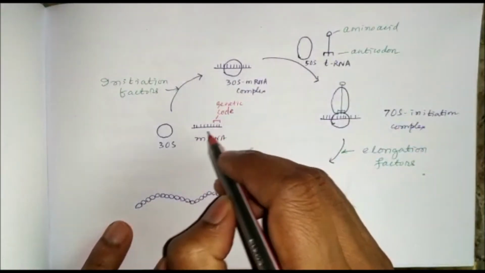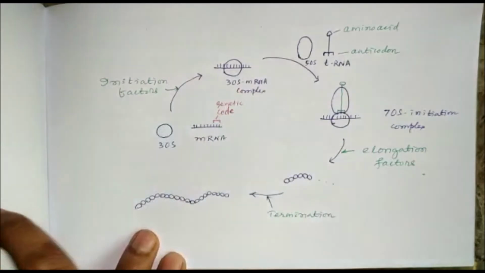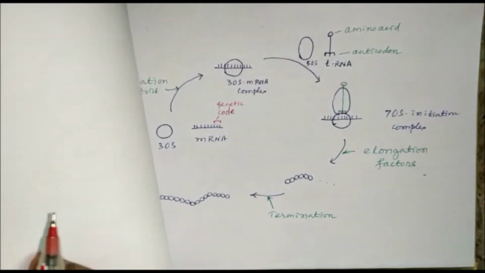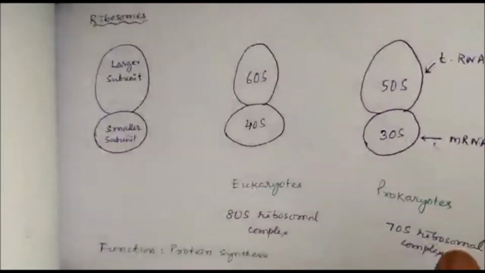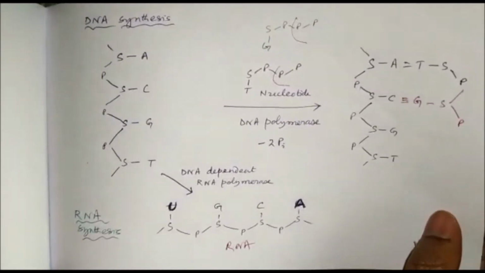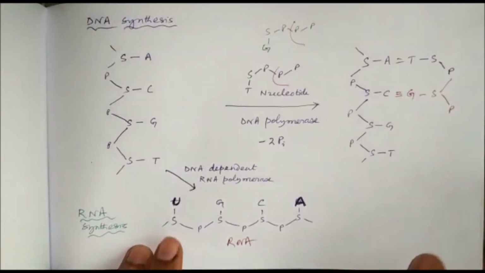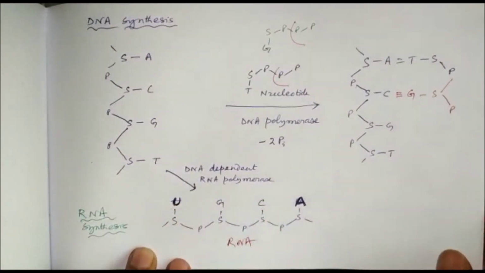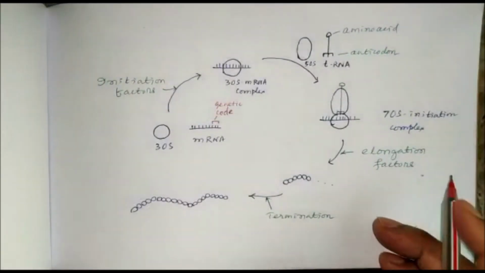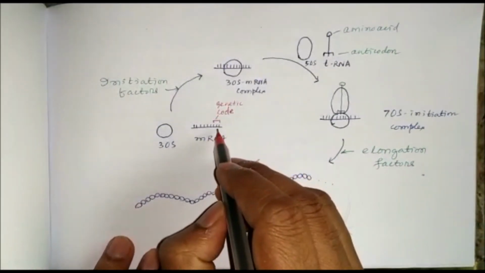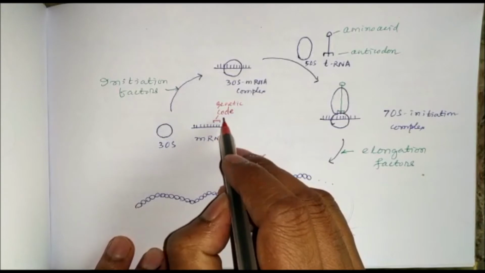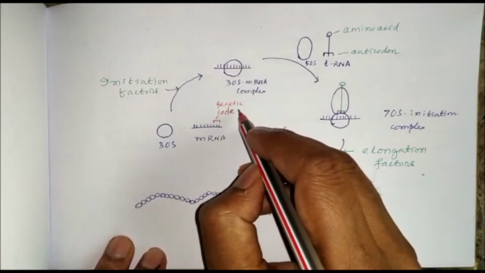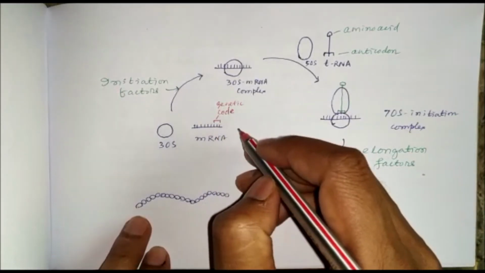Each messenger RNA has a base sequence, as we have seen in an earlier class. Three consecutive bases taken together are called a codon or genetic code.